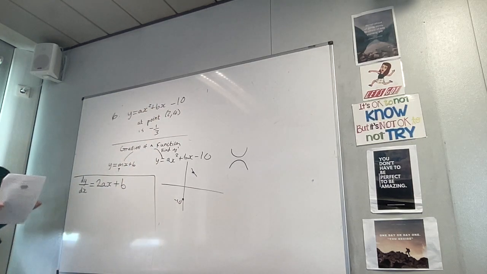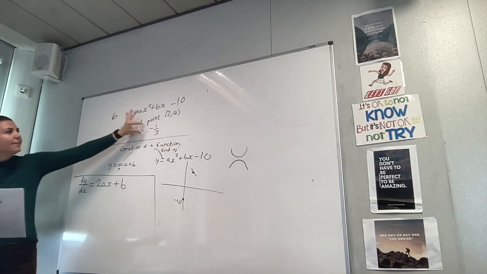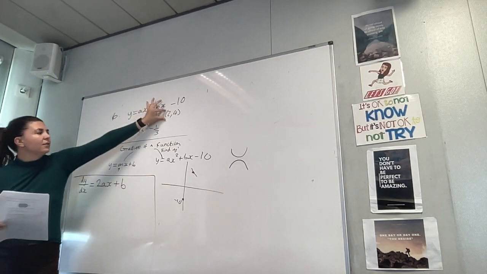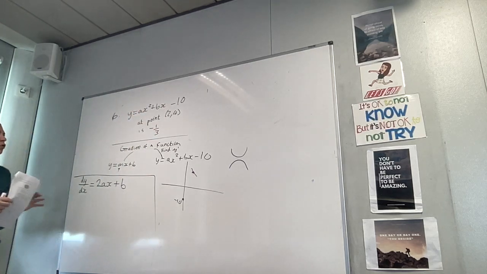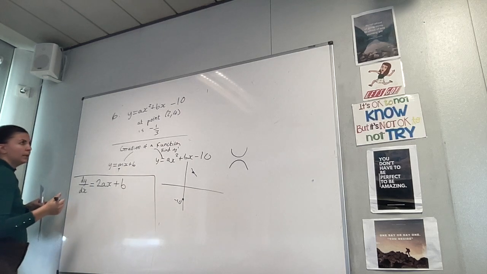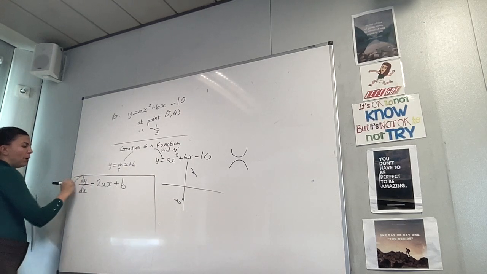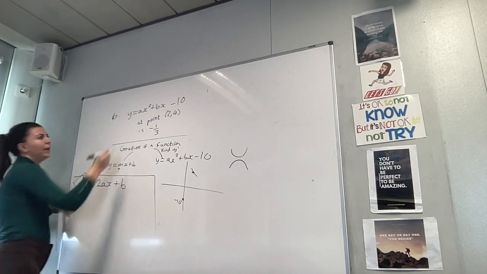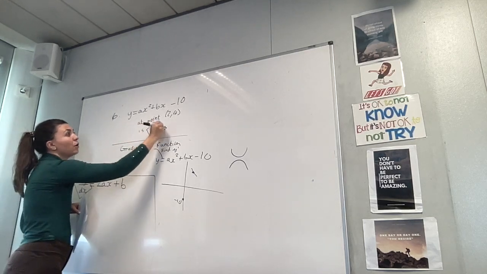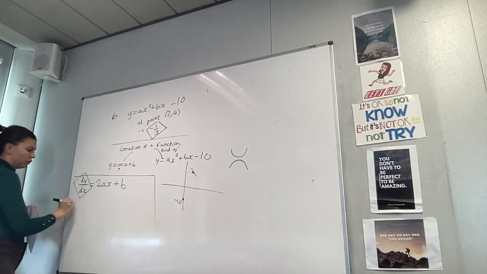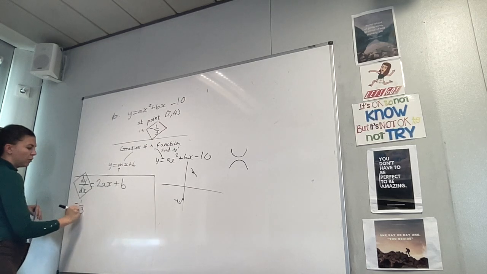So the first bit of information, it says the gradient is this at this point. So what we're going to do, and this is where it gets a little bit tricky. dy by dx is the gradient of a function. So we're going to say that minus 1/3 is the gradient. So we substitute that in there, minus 1/3.